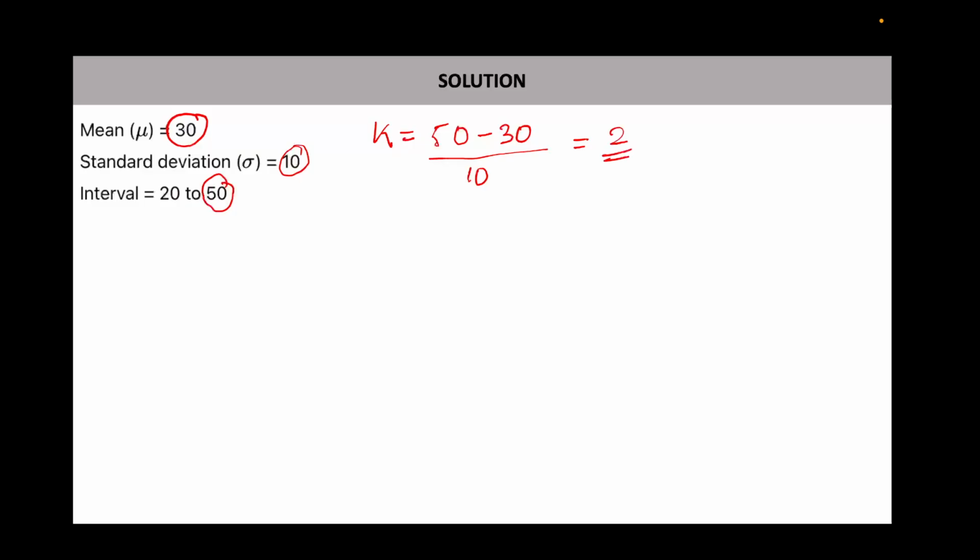Now if you put this in the equation of the theorem, it will be 1 minus 1 upon 2 square, into 100%. So this will be 1 minus 1 by 4, into 100%.